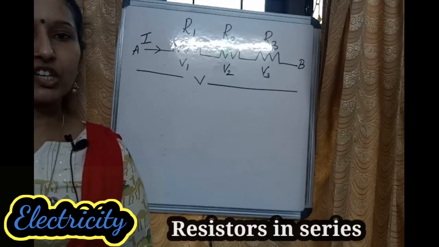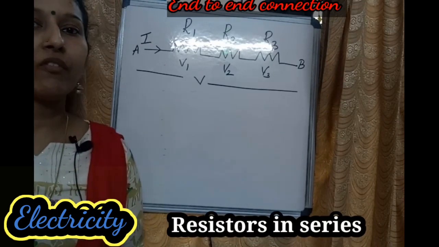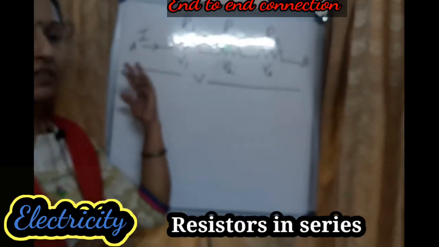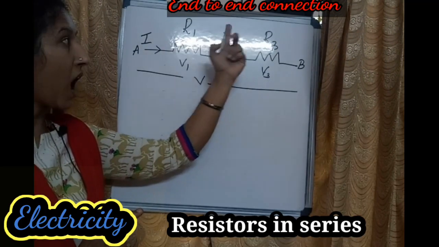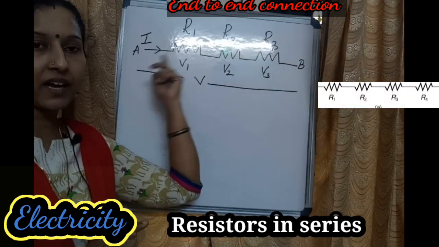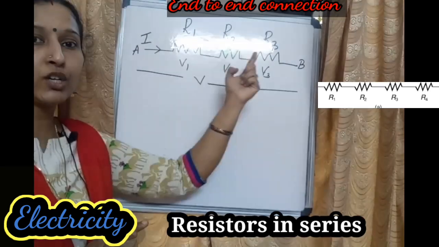Let's start our derivation. First we are going to derive the equation for series connection. Look at the board, you can see three resistors R1, R2 and R3 connected in series. Why are they connected in series? Because they are connected end to end.